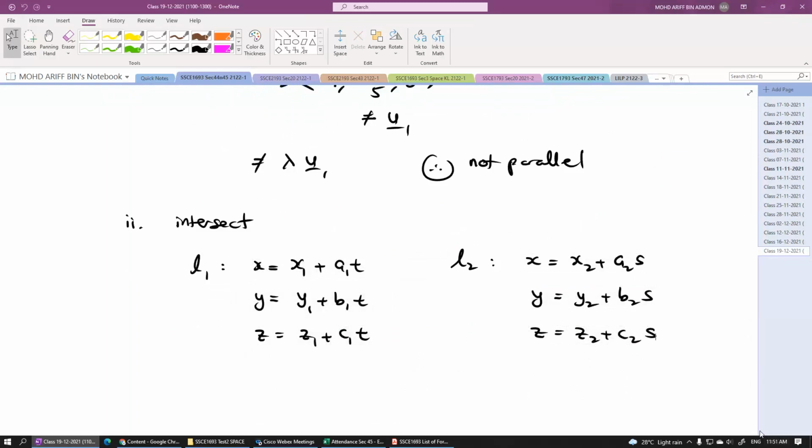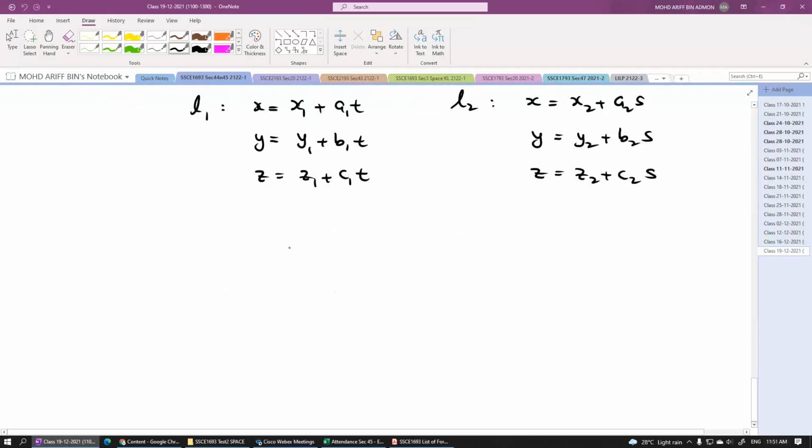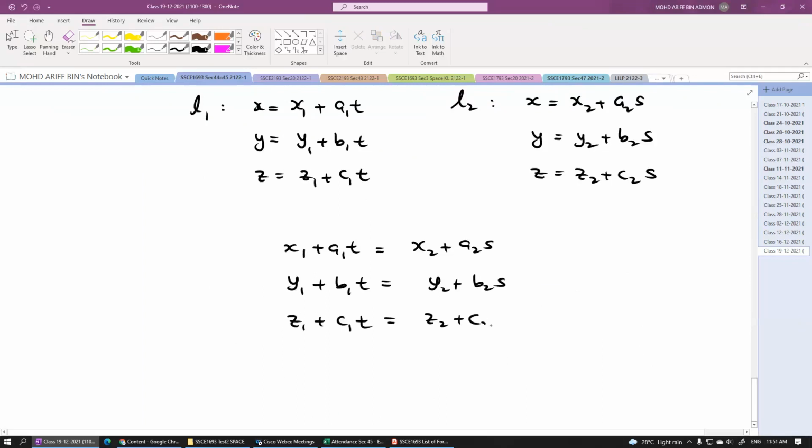So you may write the relation: x1 plus a1t equals x2 plus a2s for the x component, y1 plus b1t equals y2 plus b2s for the y component, and likewise for the z component.